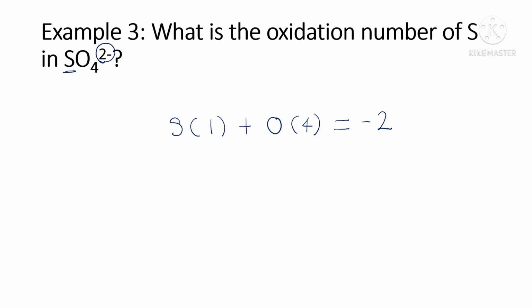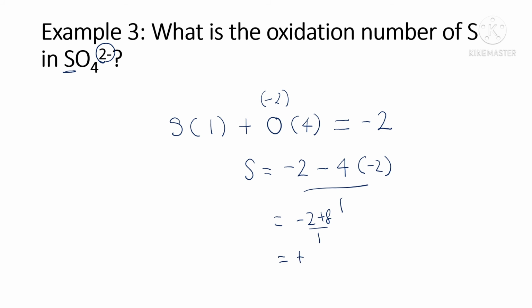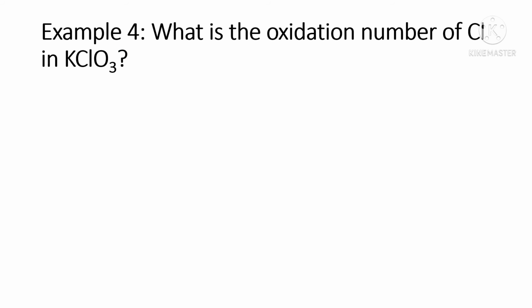And we know that the oxidation number for oxygen is -2, and therefore the oxidation number for sulfur in the sulfate ion is equal to +6.